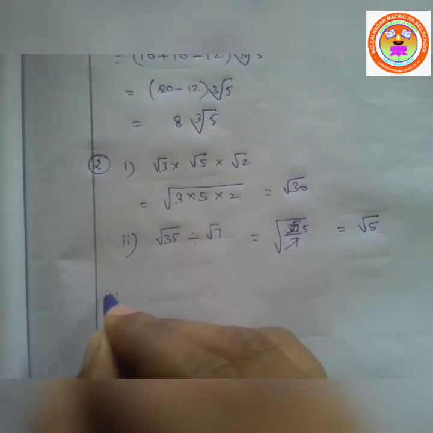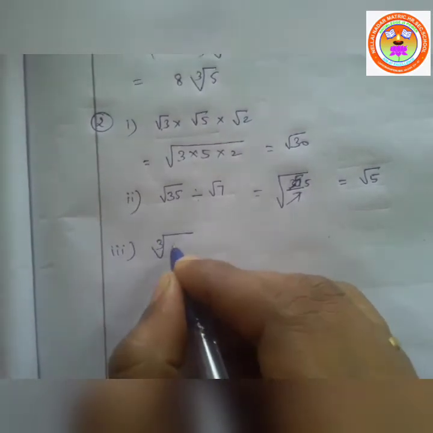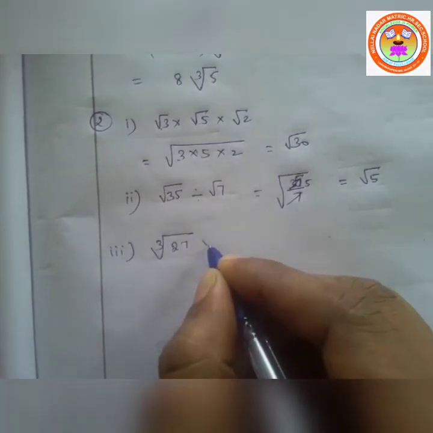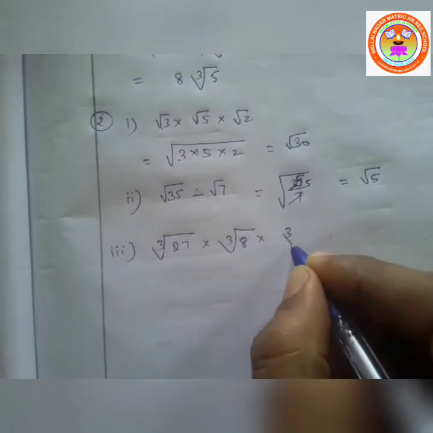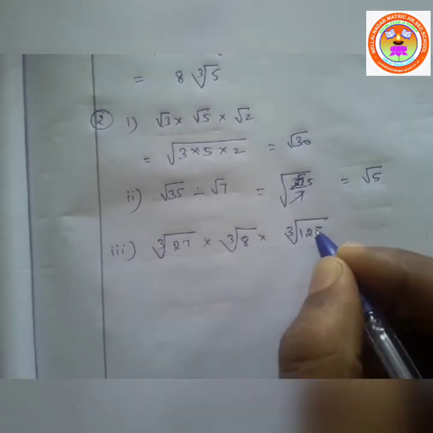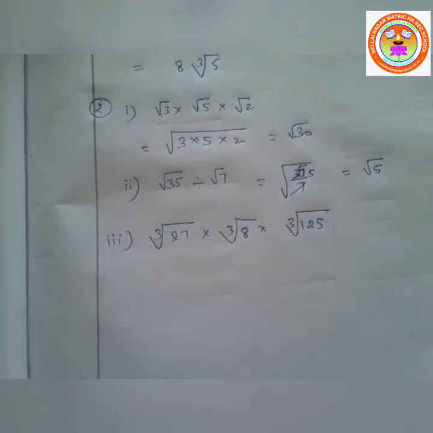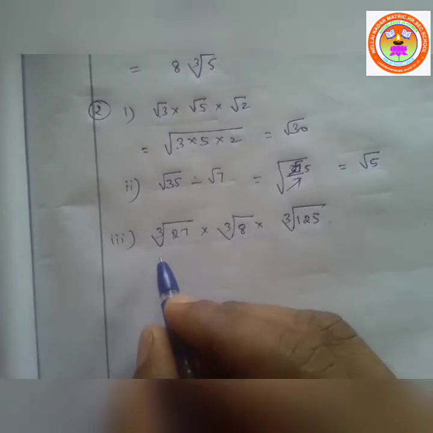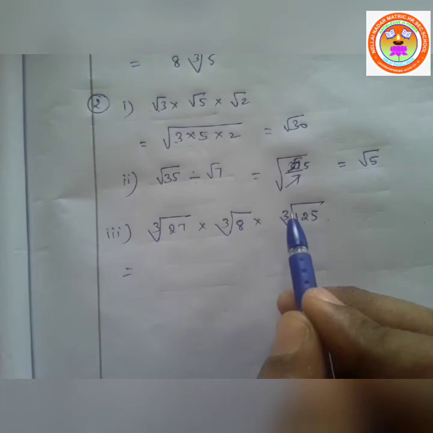Now we'll move on to the third subdivision: cube root of 27 into cube root of 8 into cube root of 125. How to write this one? Here the order is 3, here also 3, here also 3.